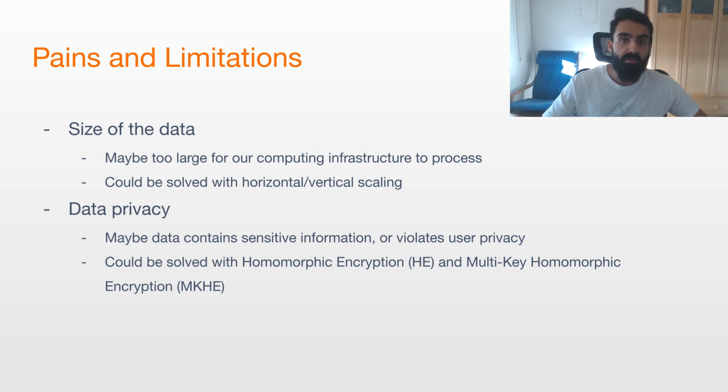The second point is easily addressed by using techniques such as homomorphic encryption or the multi-key variant of homomorphic encryption. What these do primarily is allow certain computations to be done over encrypted data without actually having access to the private keys that decipher it.